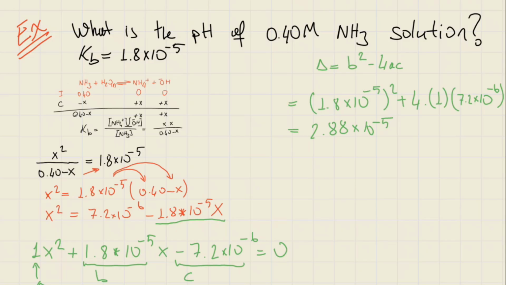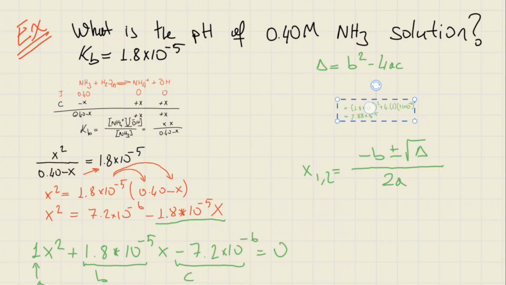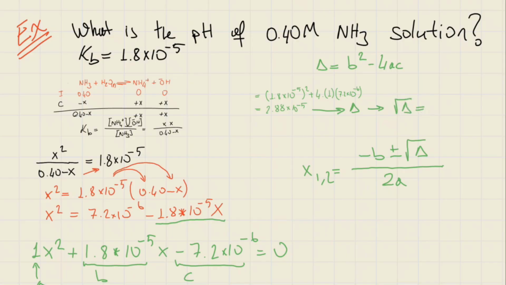And we know that x1,2 equals minus b plus or minus the square root of delta over 2a. So here our delta value is this, but we need the square root of delta, which is equal to 0.005317.